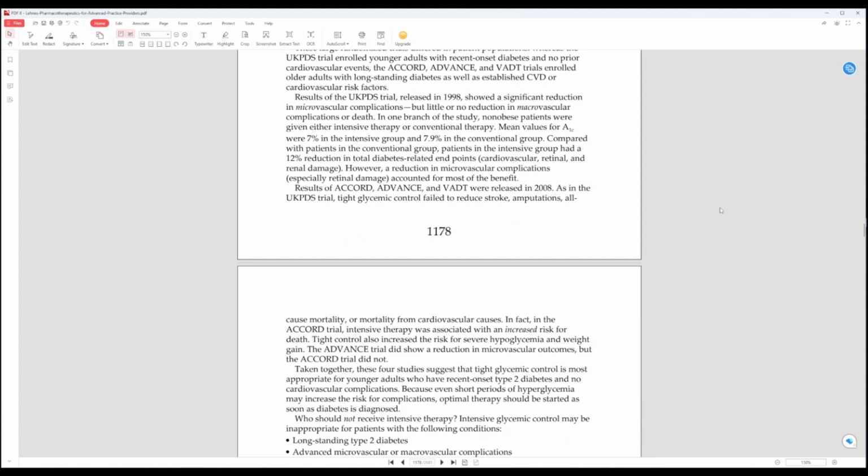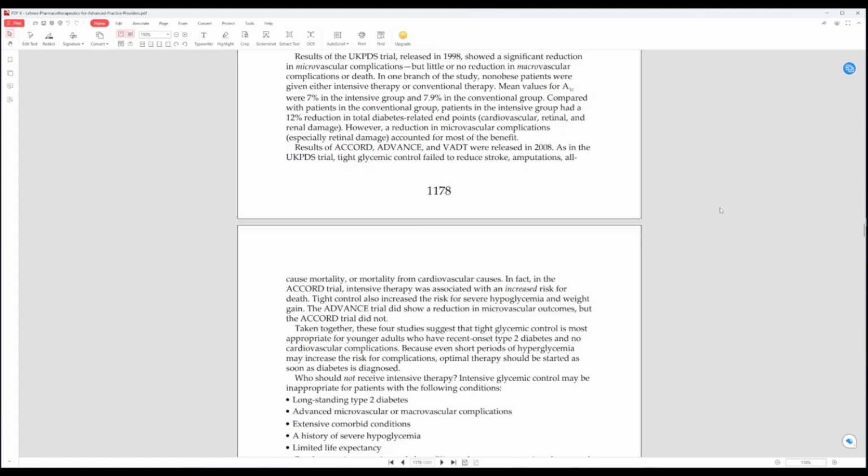or risk factors. The results of the UKPDS trial, released in 1999, showed a significant reduction in microvascular complications, but little or no reduction in the macrovascular complications or death. In one branch of the study, non-obese patients were given either intensive therapy or conventional therapy.